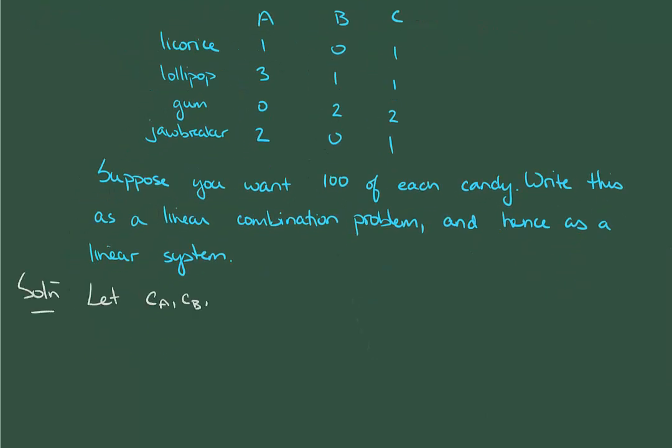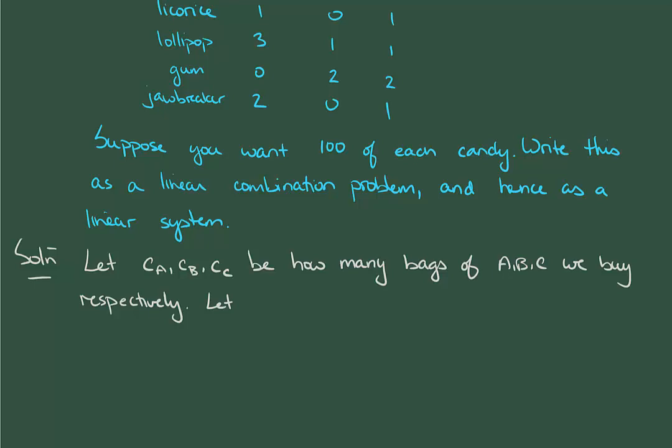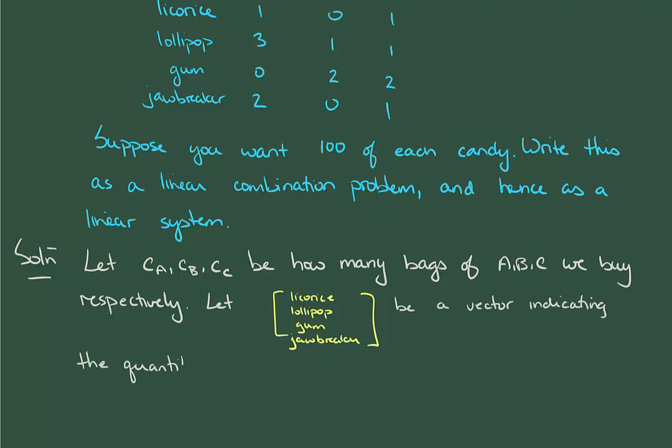Alright, so the first thing I'm going to do is indicate how many of each bag we're going to buy. Let's use CA, CB, CC to indicate the quantities for each bag. We will use a 4x1 vector to account for which candies are purchased. Licorice is the top slot, jawbreakers is the bottom, and in this way we can encode the problem into vectors.